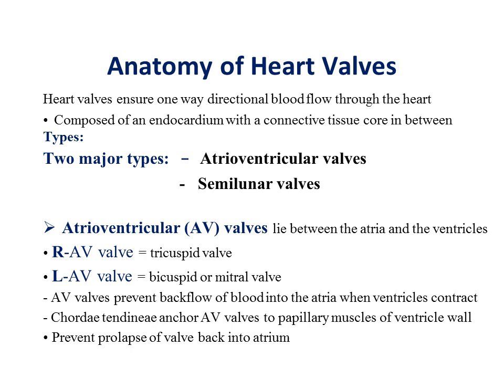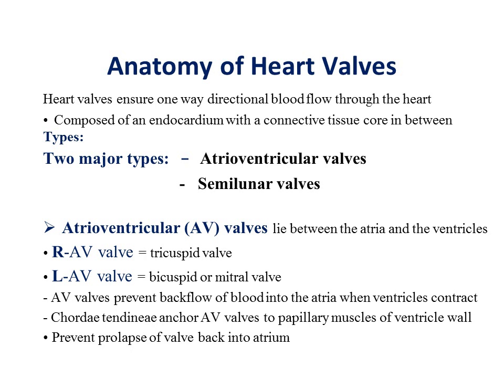The two major valves in the heart are the two atrioventricular valves: the valve between the right atrium and the right ventricle, which is the tricuspid valve, and the valve between the left atrium and left ventricle, which is the bicuspid or mitral valve.